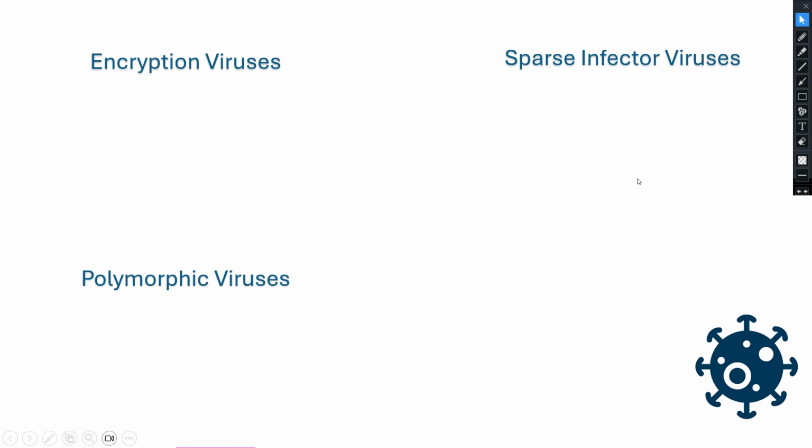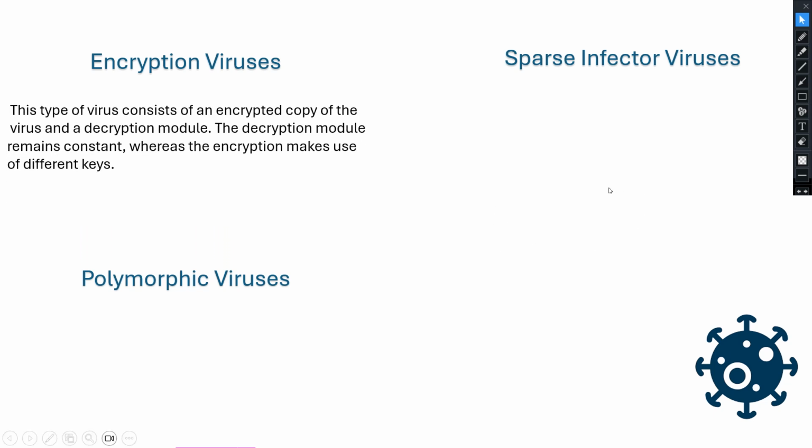Okay, let's start with the introduction. Encryption viruses. See, the name itself briefs about encryption viruses. So obviously this type of virus consists of an encrypted copy of the virus and a decryption module. So here are two things. What are those?